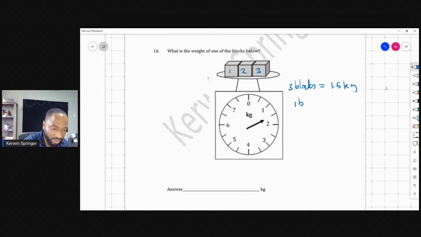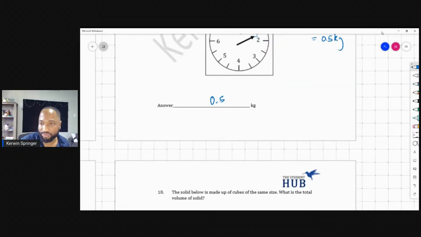Therefore 1 block will be equal to 1.5 divided by 3. Some people getting some very strange values there, but this is 3 into 1.5, so 0.5. Quick, 0.5 is the answer. Another way to see it, and some of you may have seen it this way too, 0.5, 1, 1.5. So this is 1 block, 2 blocks, 3 blocks. You can just use the divisions to help you out there.